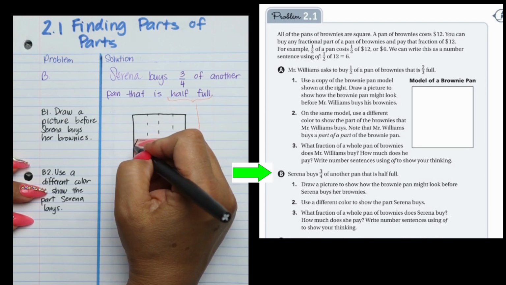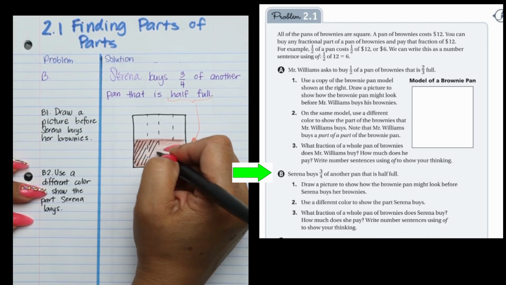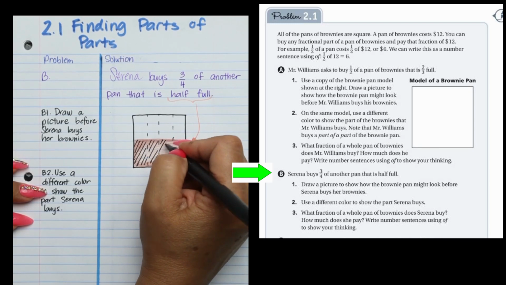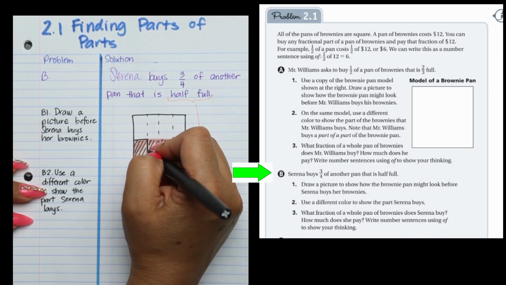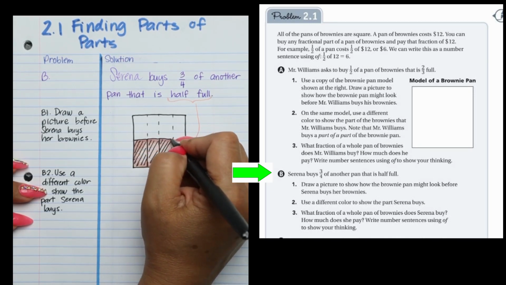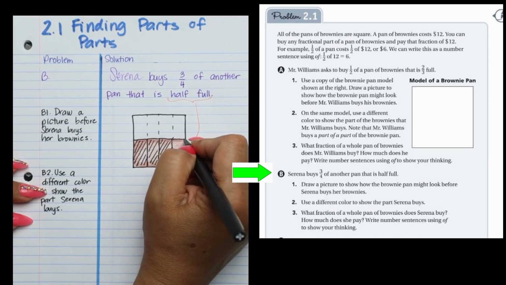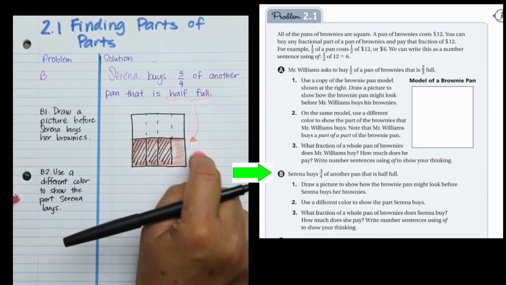So I'm going to do this. And I'm going to show where it's cut. So that's 3/4, and that's half.